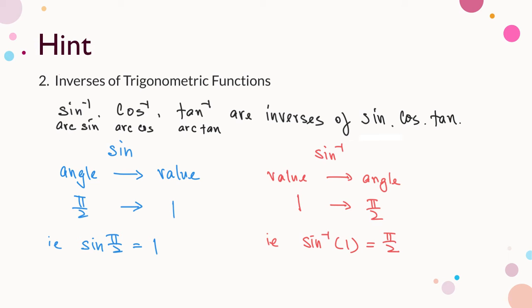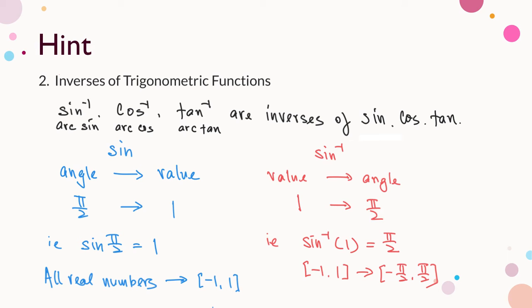The domain of the function sine is all real numbers and the range is from -1 to 1. To make the inverse function well defined, the domain of arcsine is from -1 to 1, and the range is from -pi/2 to pi/2. Similarly, the domain of arccosine is from -1 to 1, and the range is from 0 to pi.